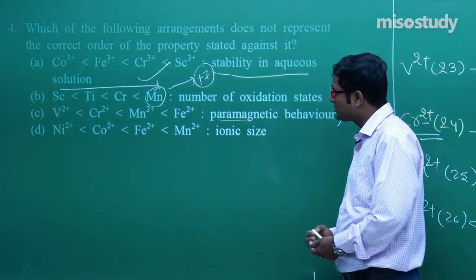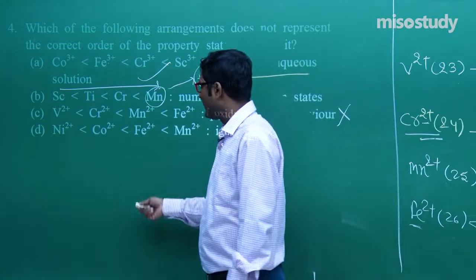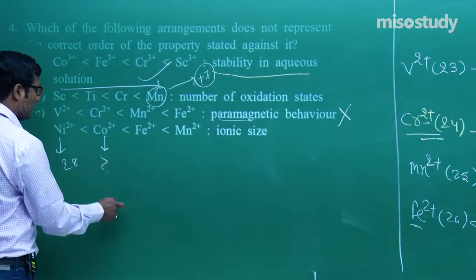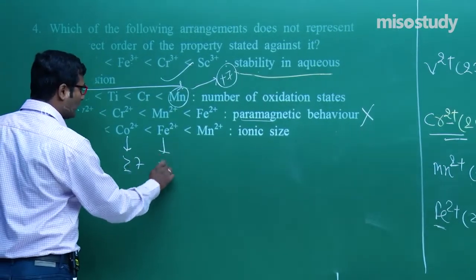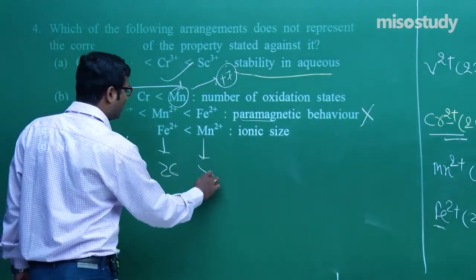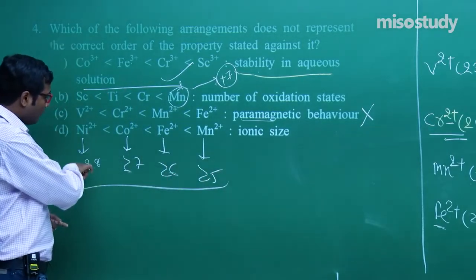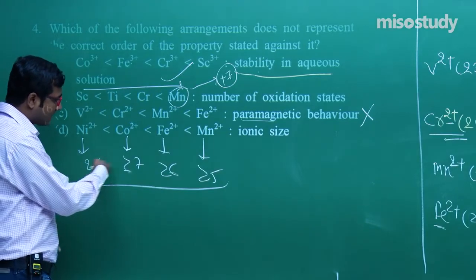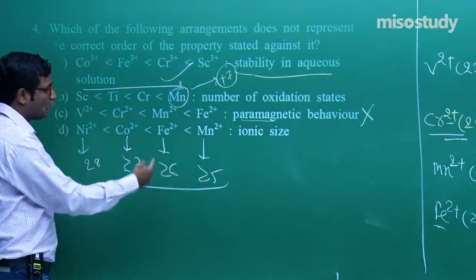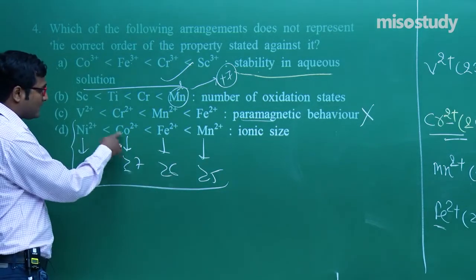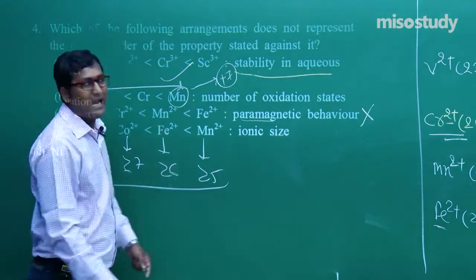Now check the next. If I talk about nickel, atomic number 28, cobalt atomic number 27, iron atomic number 26 and Mn atomic number 25. If we move from higher to lower atomic number, then definitely this is the correct order: Ni2+, Co2+, Fe2+ and Mn2+.